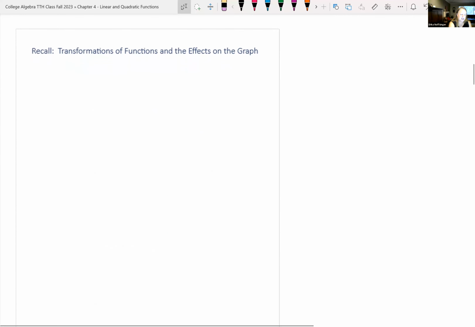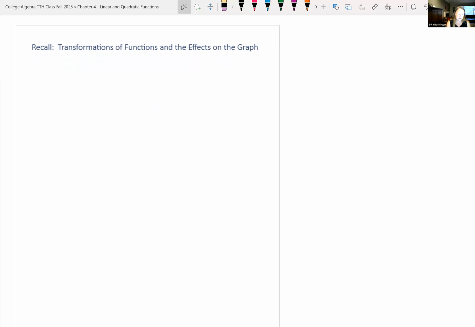So let's go back and recall really quickly about transformations and functions and the effects on the graph. Our parent function, or the function in our library, was x squared. Recall the value in front of x squared.